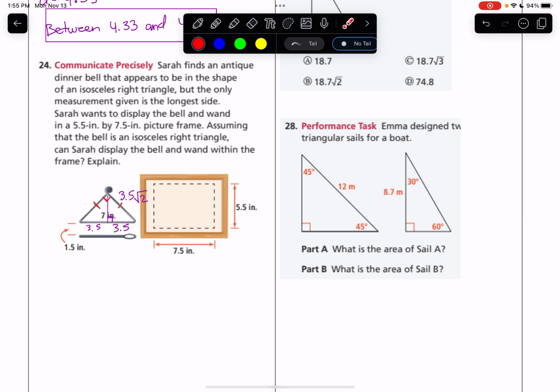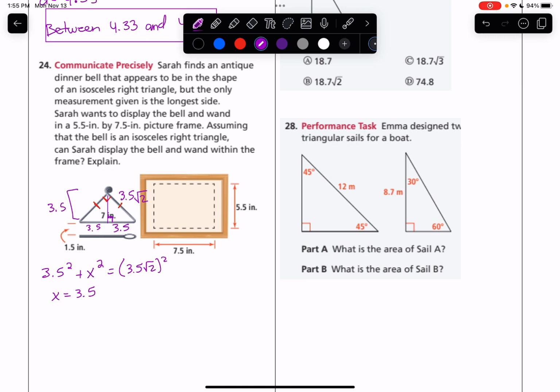We could use the Pythagorean theorem: 3.5 squared plus x squared equals 3.5 root 2 squared. And when we solve, we would find that x equals 3.5. So the other side that we're missing also equals 3.5. So we found out that the height of this dinner bell is 3.5 units.